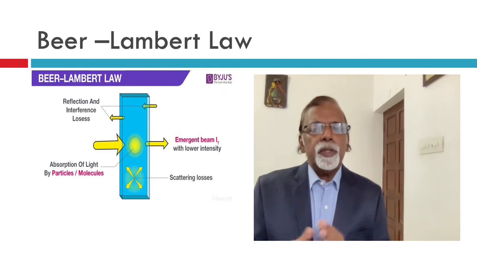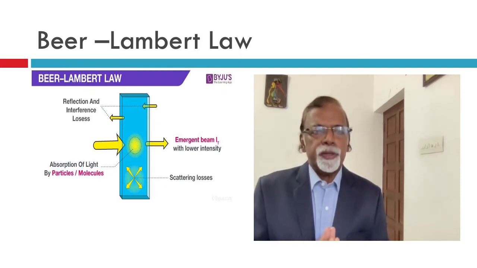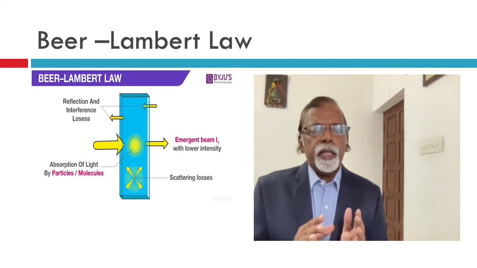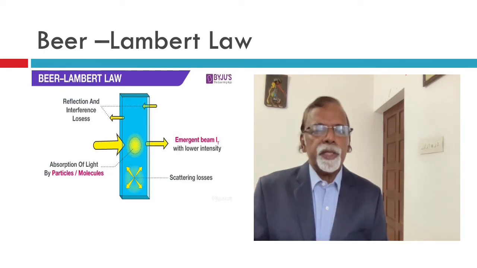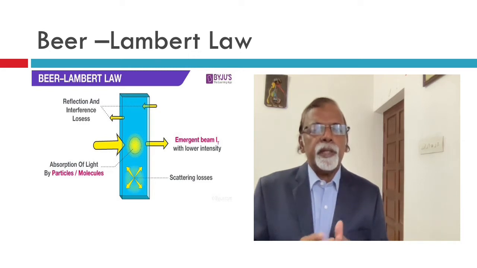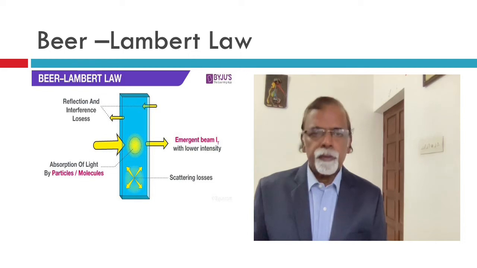And from this, concentration can be calculated by measuring the absorbance. So this is the basic principle: light is passed through a solution and the absorbance depends upon the concentration of the material, and this concentration can be calculated from the absorbance of the light.